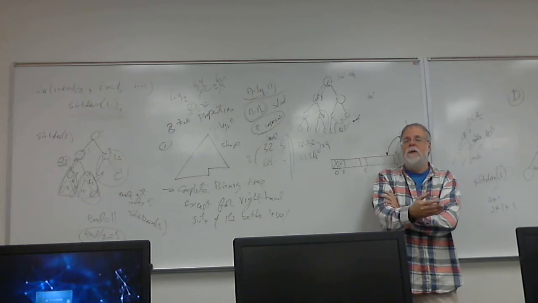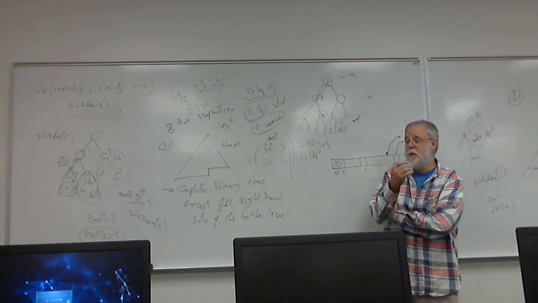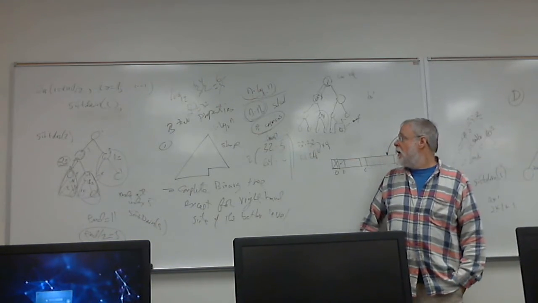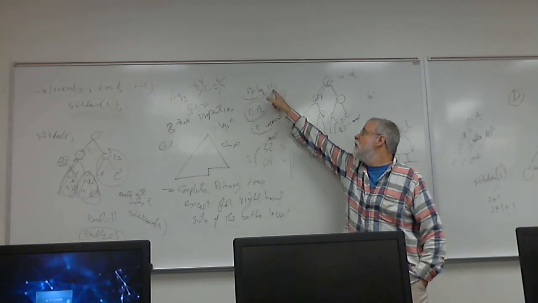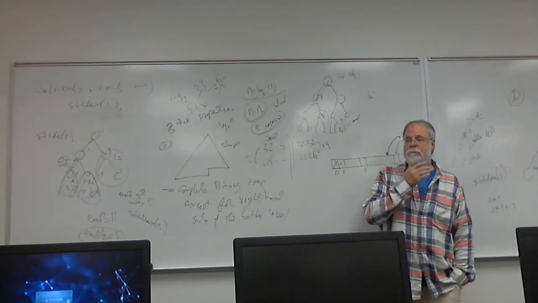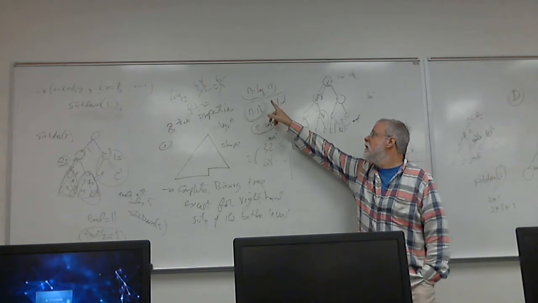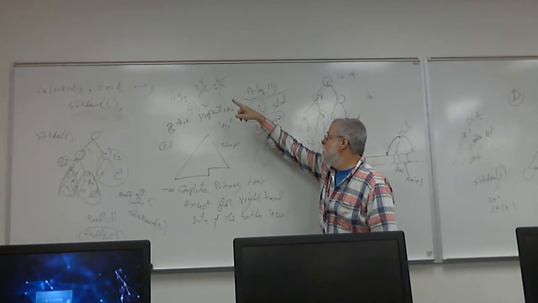The best sorts that use comparisons, there are some sorts that don't use comparisons, have this n log n, log to the base 2 of n property. It doesn't really make much difference what the base is. Whichever base you use, that's just a constant in front.